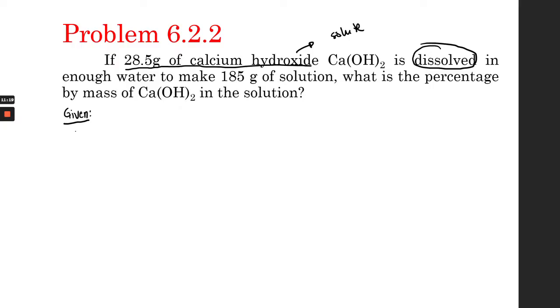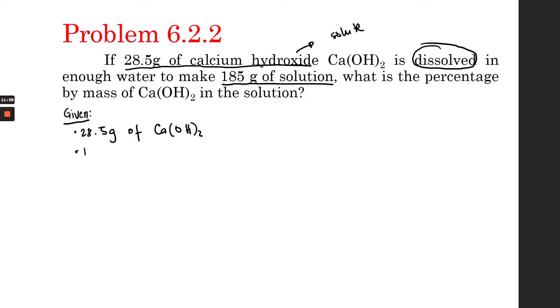So we are given 28.5 grams of calcium hydroxide, and then we were also given enough water to make 185 grams of solution.